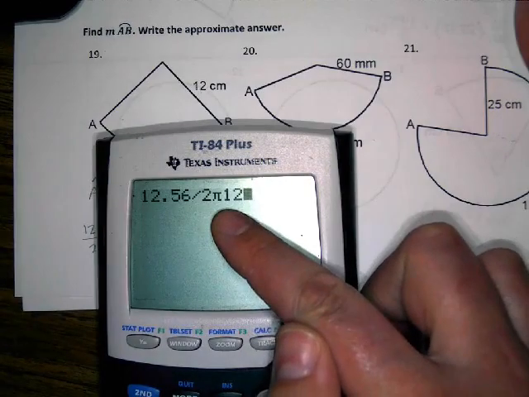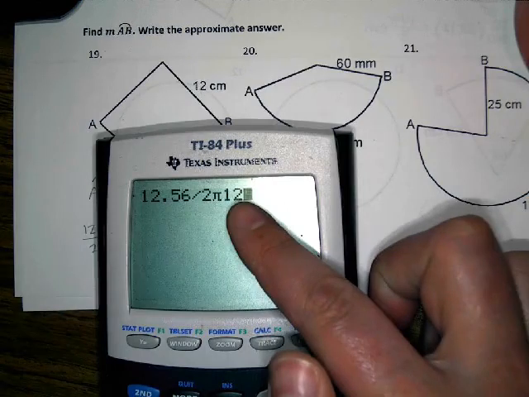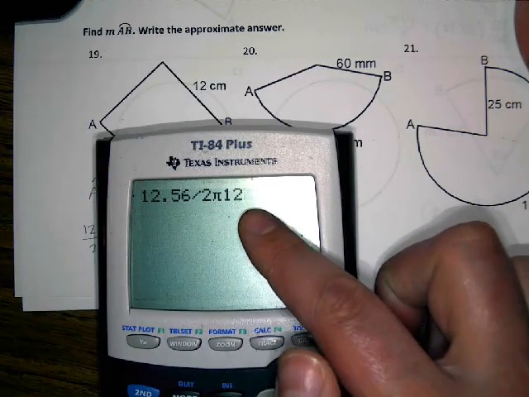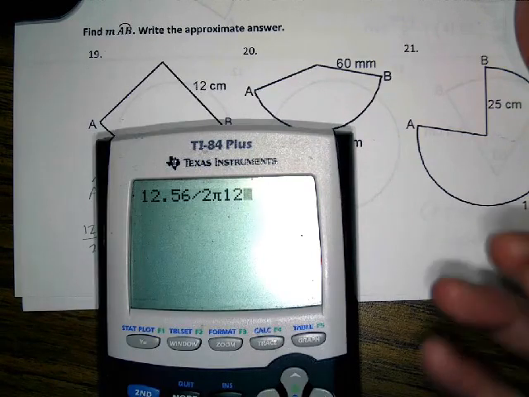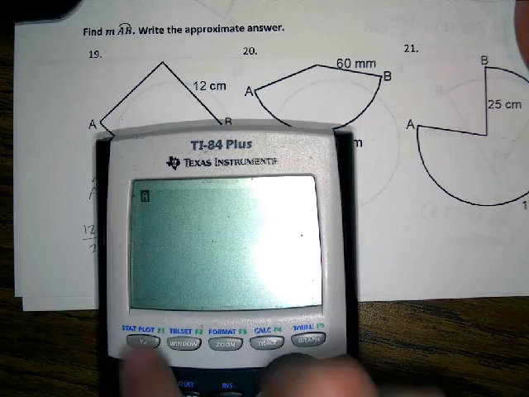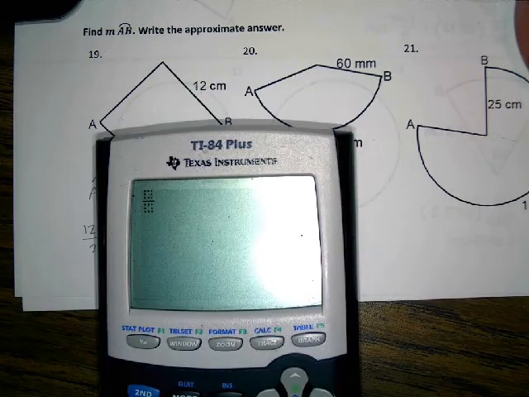So for us to get this right, we're either going to have to put parentheses around the bottom or we can just use the fraction function on our calculator. So how I like to type these in is to do alpha y equals and type this in as a fraction, because then I can put all the stuff on the bottom of the fraction. So 12.56, and then I can type in 2 pi 12, and then I'll actually get the answer right.